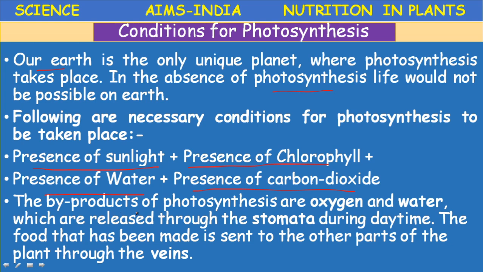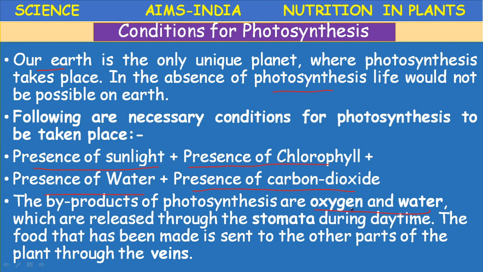The byproducts of photosynthesis are oxygen and water. In the reaction we have studied yesterday, let us recall the reaction. 6CO2 plus 12H2O gives rise to C6H12O6 plus 6H2O plus 6O2. So the main product is glucose.